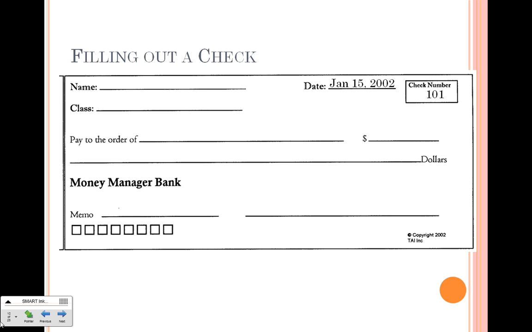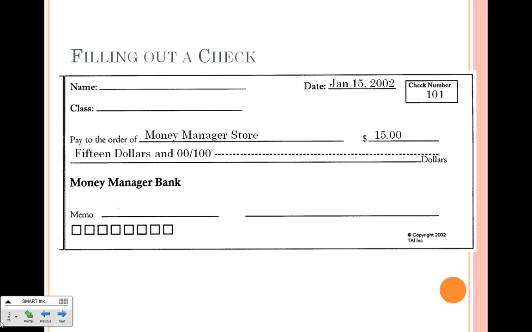The next thing it's going to ask you to do is fill out the pay to the order of line. This is who the money is going to. So in this case, it's going to the Money Manager store. Then we want to fill in the numerical dollar amount on that dollar line. In this case, it's $15.